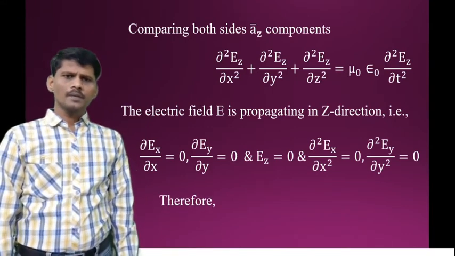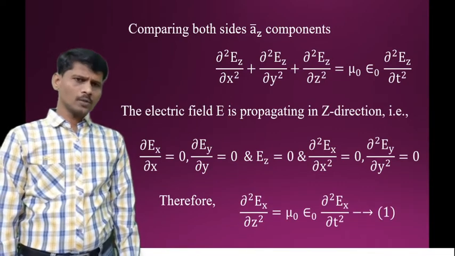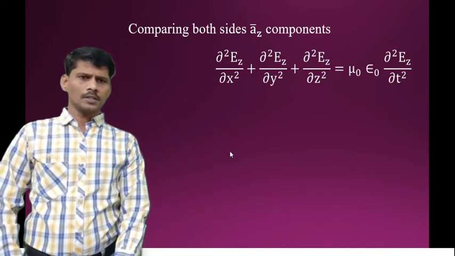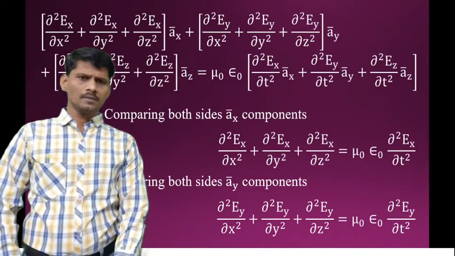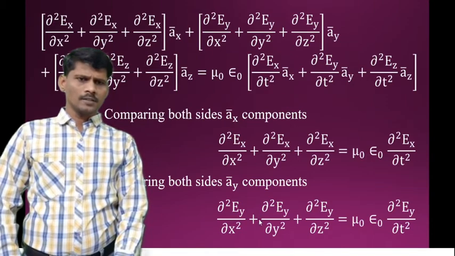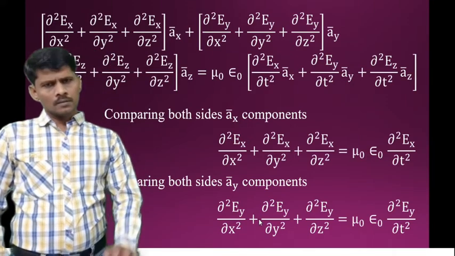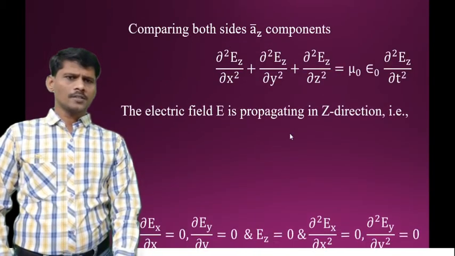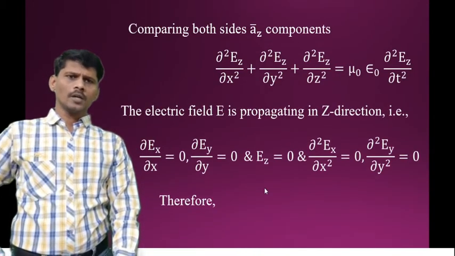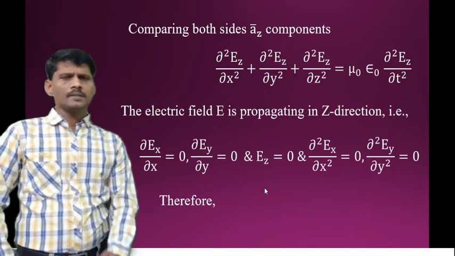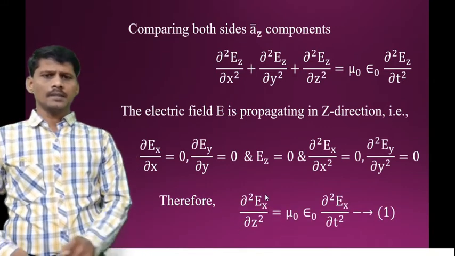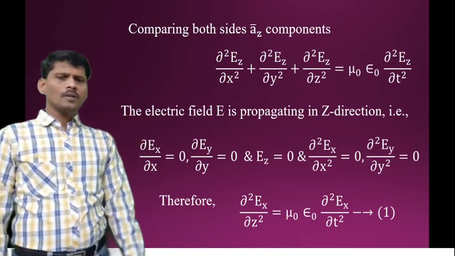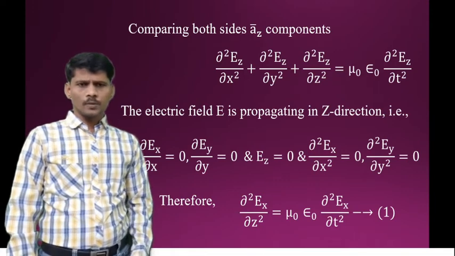Applying these conditions to the above three equations, we have dou square Ex by dou z square is equal to mu naught epsilon naught dou square Ex by dou t square.